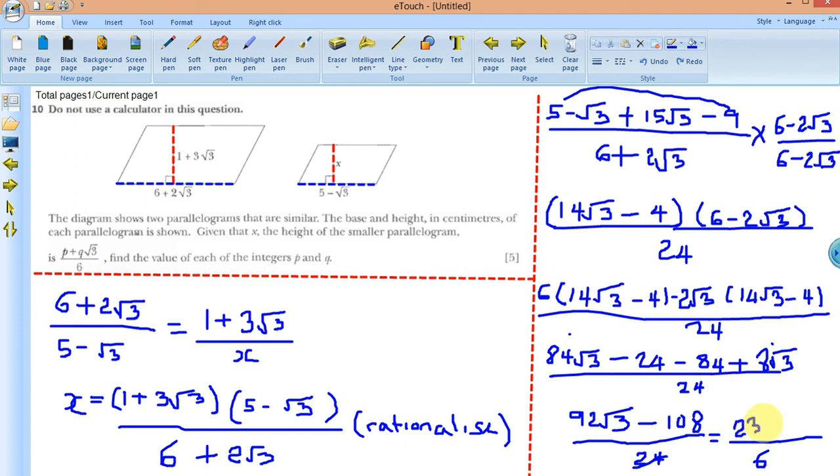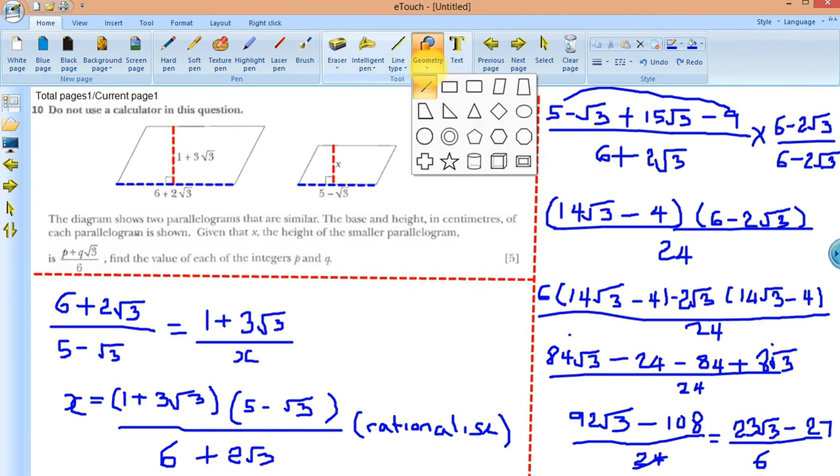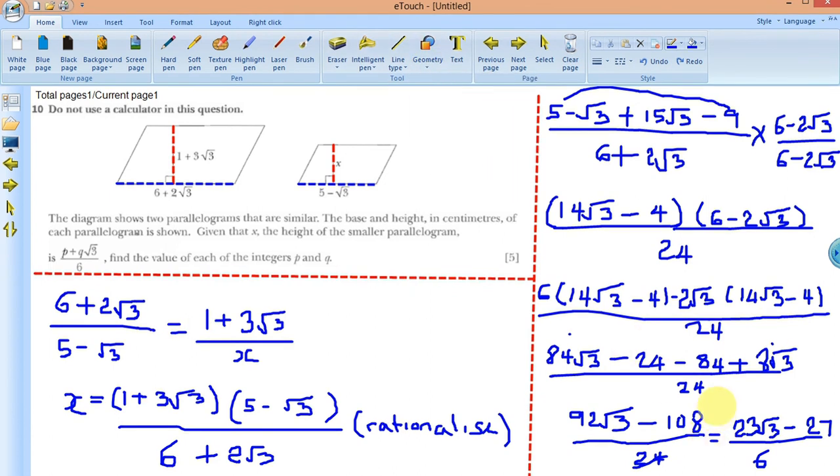So we compare the solution value for x here, 23 root 3 minus 27 divided by 6, with the height of the smaller parallelogram, which is p plus q root 3. Okay, you can see that the denominator is 6. So therefore the value of p will be minus 27 and q will be 23.